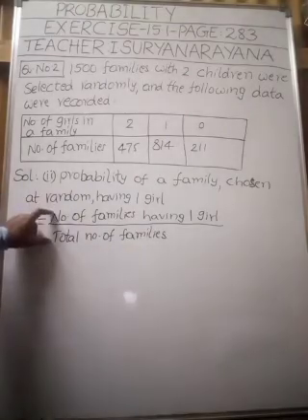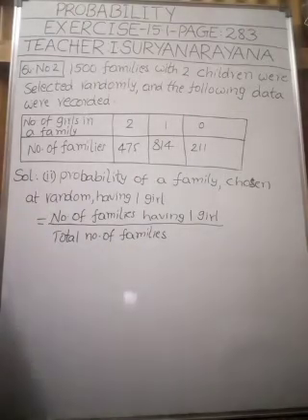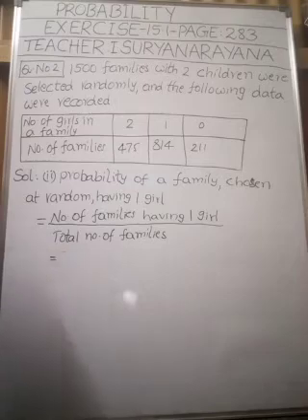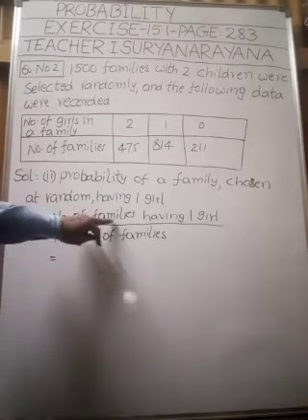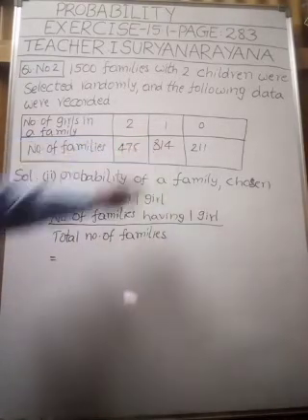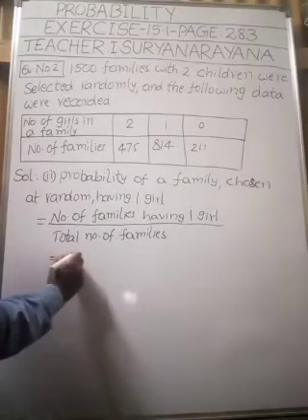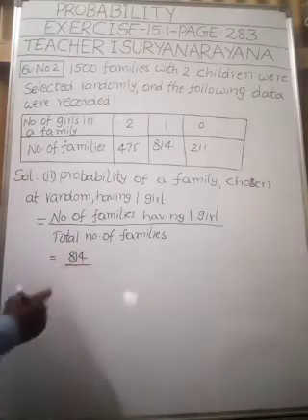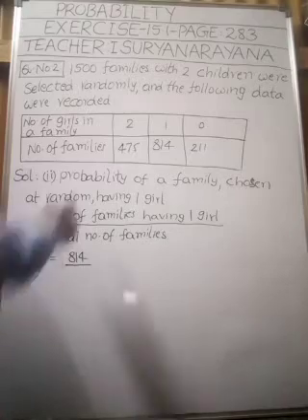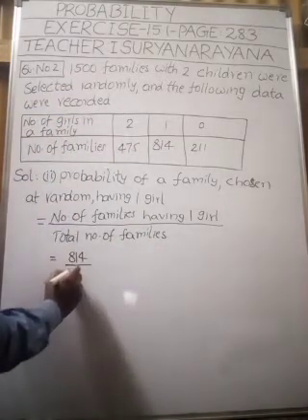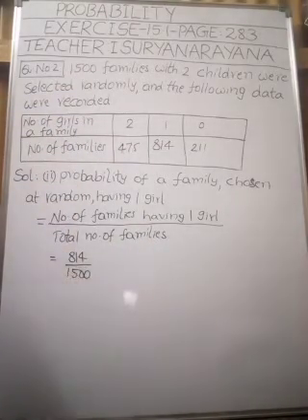Okay, my children, understood this step? Right. That is equal to how many families having one girl? 814. So 814 whole divided by what is the total number of families? 1500. Yes or no, my children?